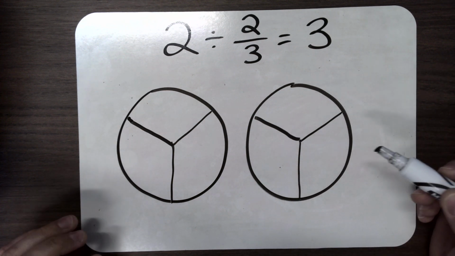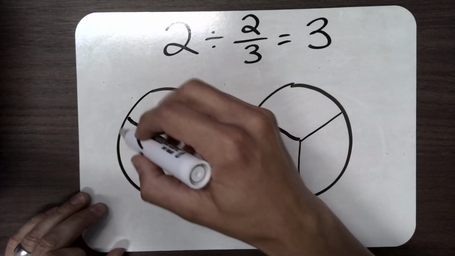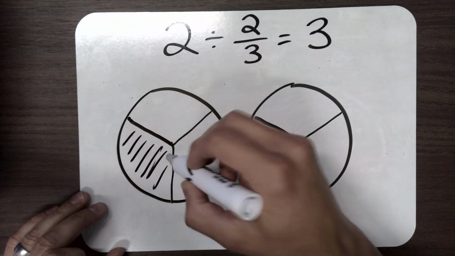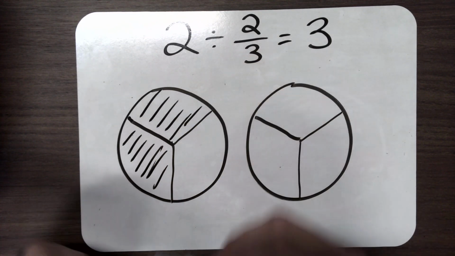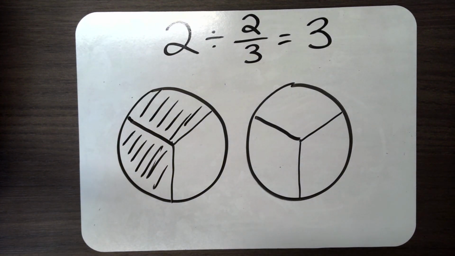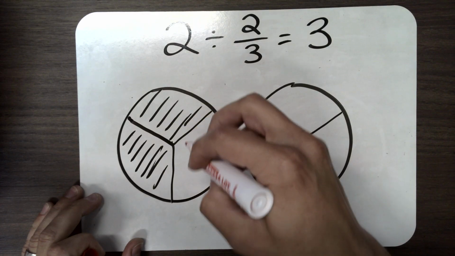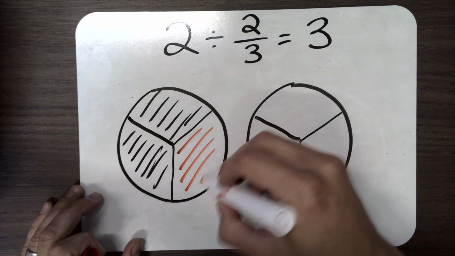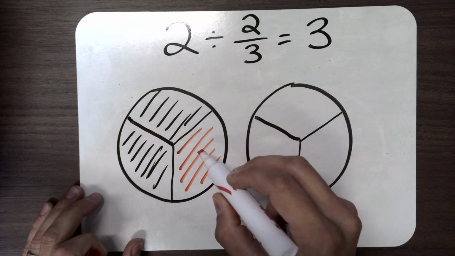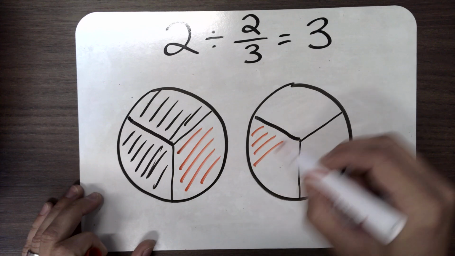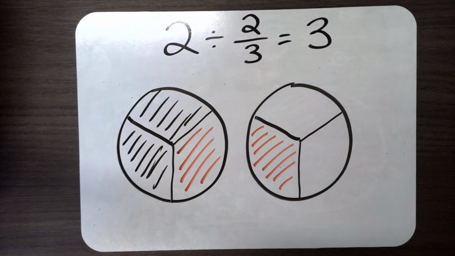Since we're just doing 3 groups and I have enough different colors, I'm just going to shade them in different colors. Those 2/3 will be black, so that's one group that has the size of 2/3. Then I have one piece for the red, so that's 1/3, so I need another red one. That's my second group.